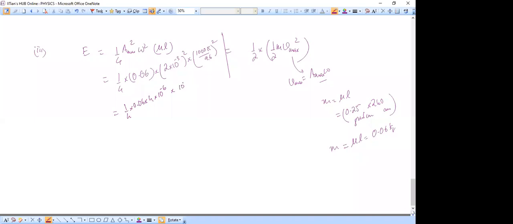This can be written as 10 raised power 6 pi square upon 9.6 square. This will be in joules. So you can take this approximately 6 millijoules.